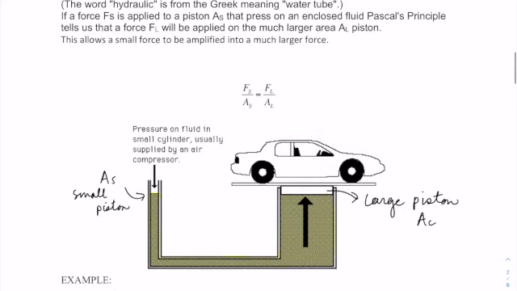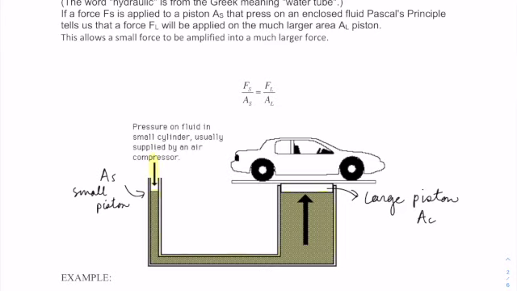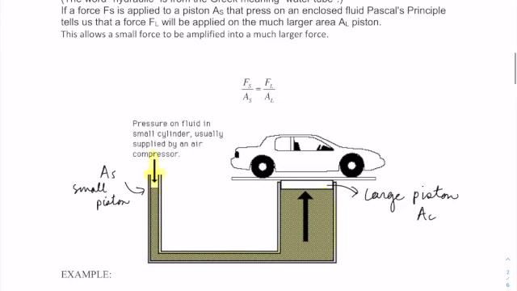If you apply a small force on this small piston, the energy is transmitted in all directions inside this enclosed liquid, and it will be amplified. So a small force on the small piston will cause a large force on the large piston. So you can actually use a small force in this closed system to lift a very, very heavy object.